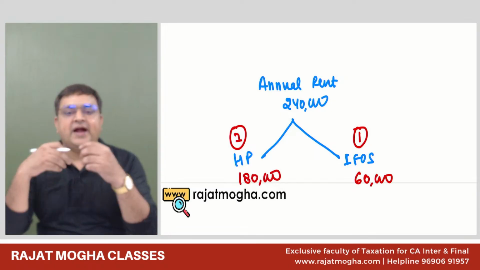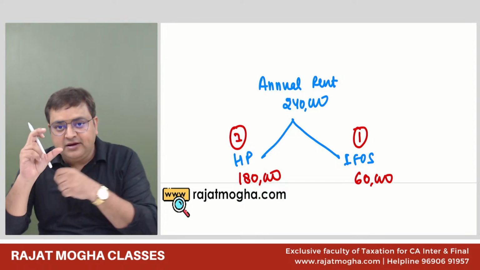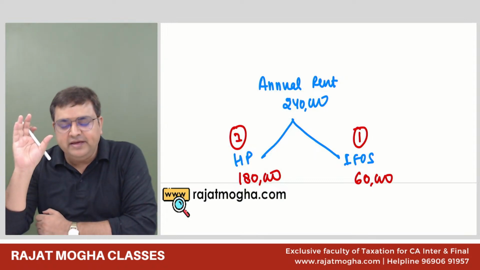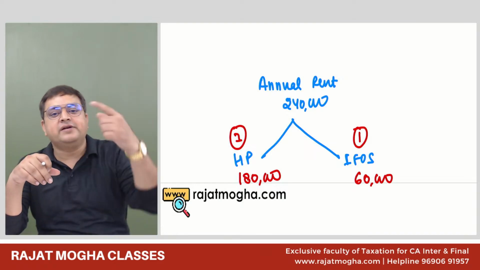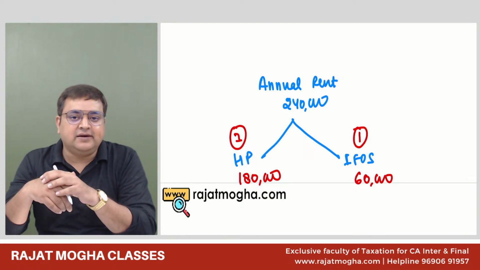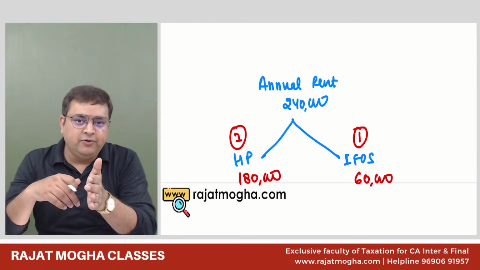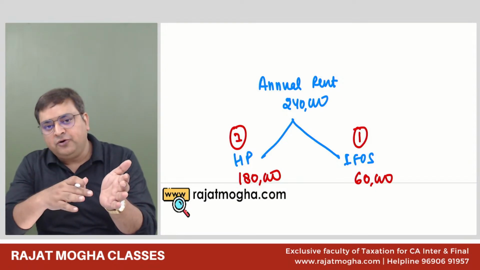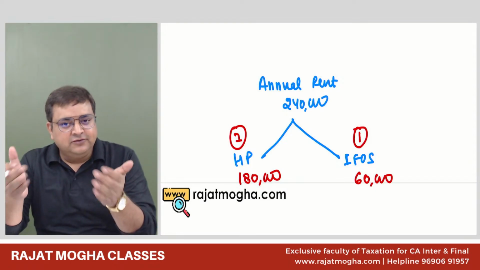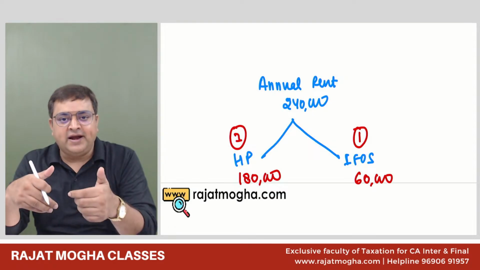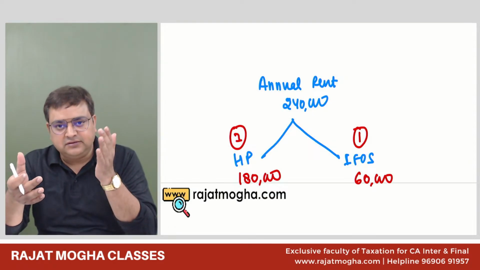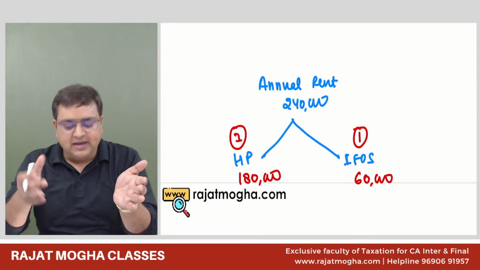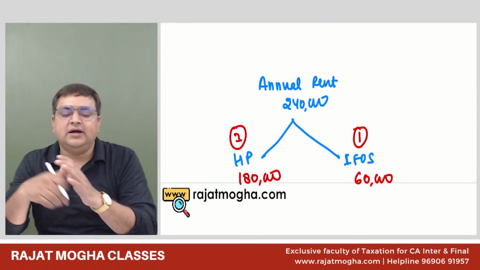Because every flat which we have given is actually a composite rent, because they have already mentioned that the total composite rent of the property was 40 lakh. Out of that, 30 lakh belongs to houses, 10 lakh belongs to other amenities. So if they are telling us about one flat, we'll assume that 3/4 belongs to house and 1/4 belongs to other amenities.